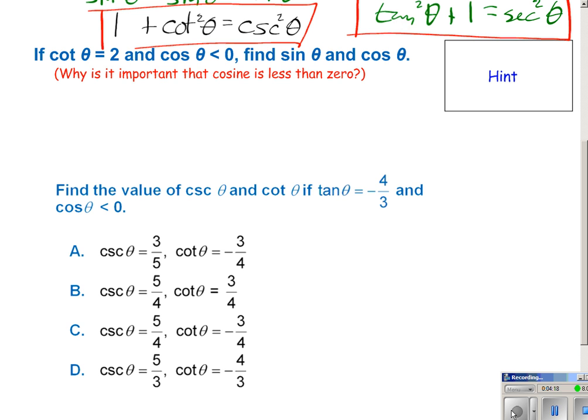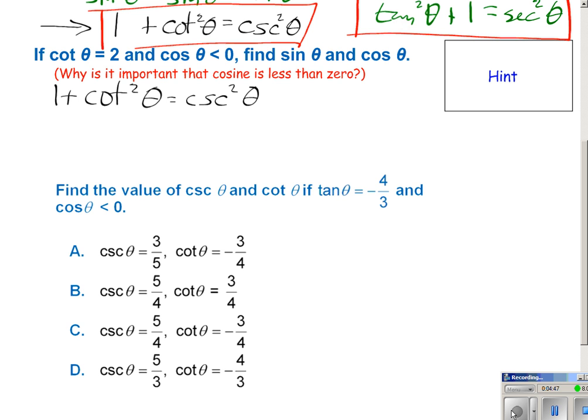If we're given then, as in this example, that cotangent of theta equals 2, cosine of theta is less than 0, we want to find the sine of theta and the cosine of theta. Well, if we start with the identity involving the cotangent squared of theta, rewriting the identity to help us memorize it and work through, 1 plus cotangent squared theta equals cosecant squared theta.